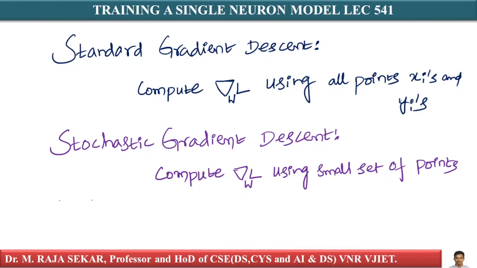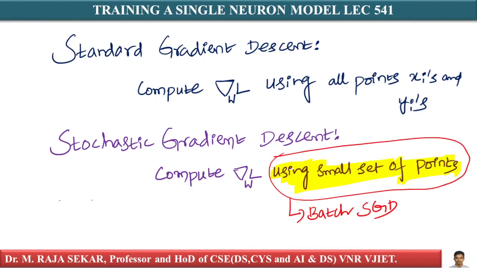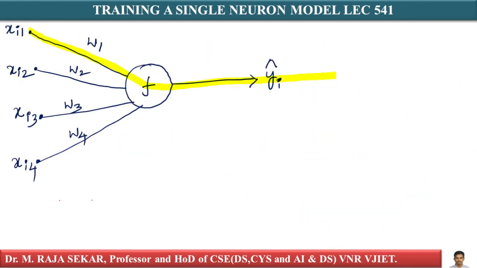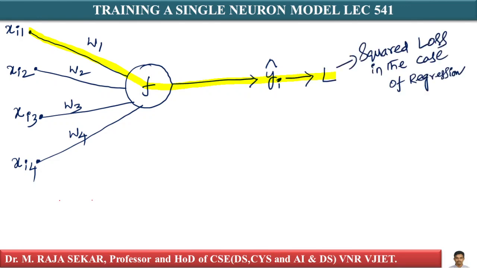Now, the question here is, how do you compute this derivative? So let's go to our neural network model, the diagram which we discussed in previous lectures also, so you understand it better. Here the loss L is known as squared loss in the case of regression.